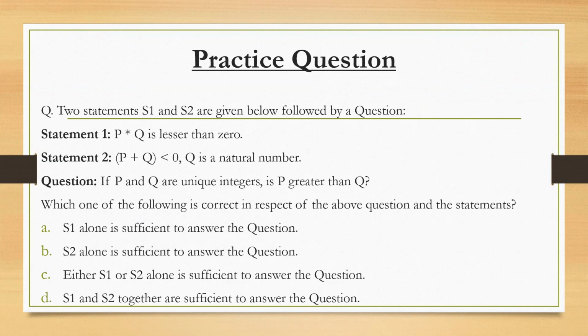Is P greater than Q is the question asked. So statement 1 says P into Q is lesser than 0. Statement 2 says P plus Q is less than 0. Okay, and Q is a natural number. Now, based on this logic, which statement answers my question? Try this one.